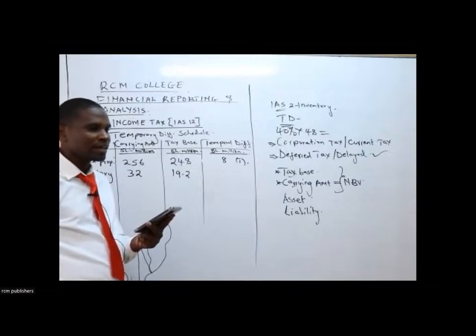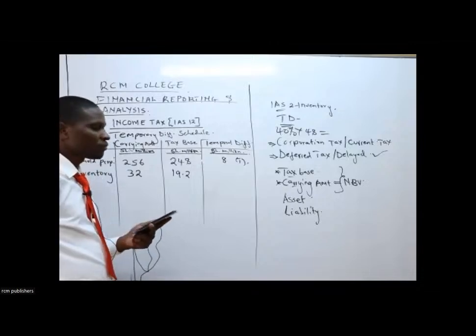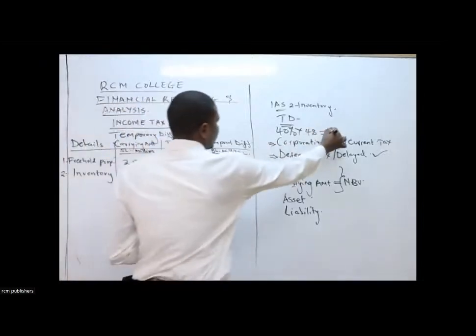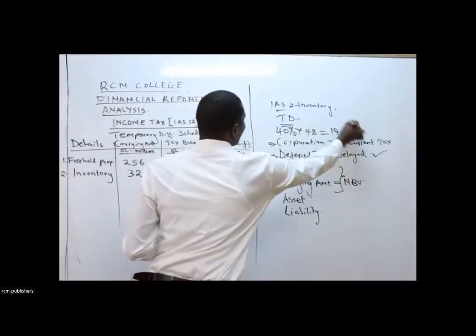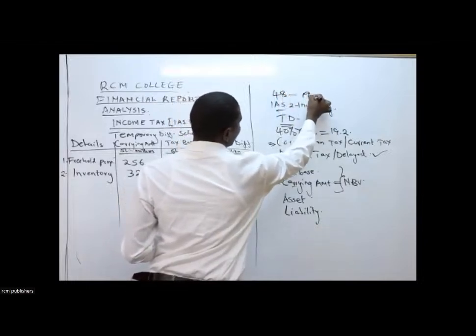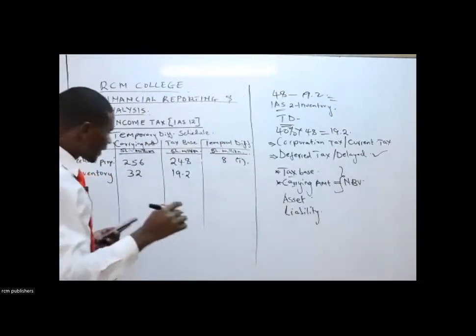Who can give us the carrying amount figure? The 48 minus what? This is 19.2, and we are told the goods were what? That minus 0.2. That will be our carrying amount.